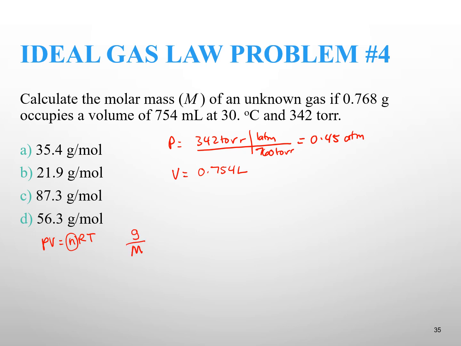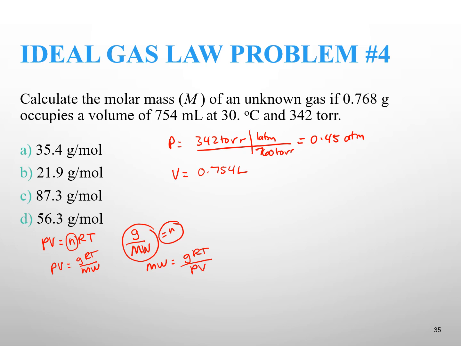I always write molar mass as MW. So PV equals grams RT over molar mass. So molar mass would be grams RT divided by PV.